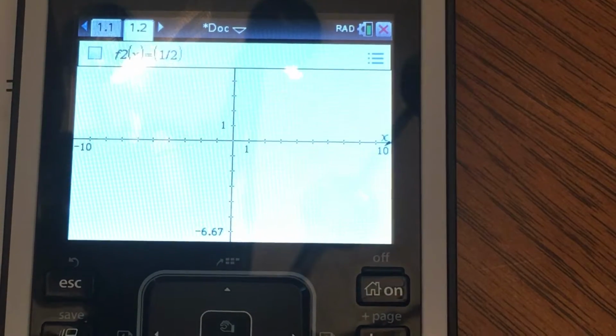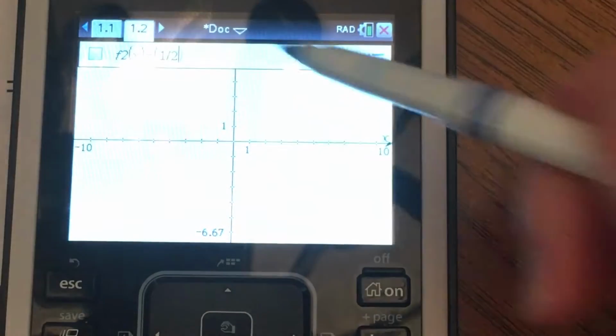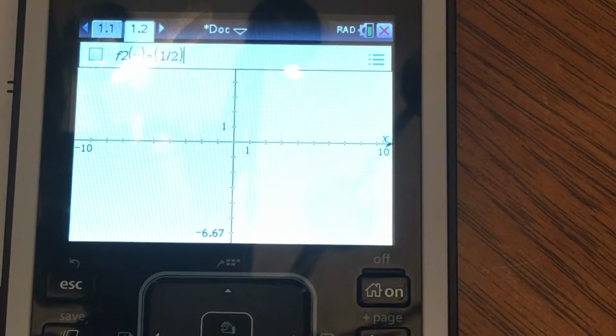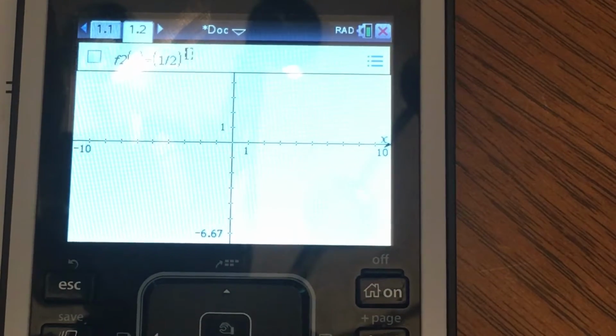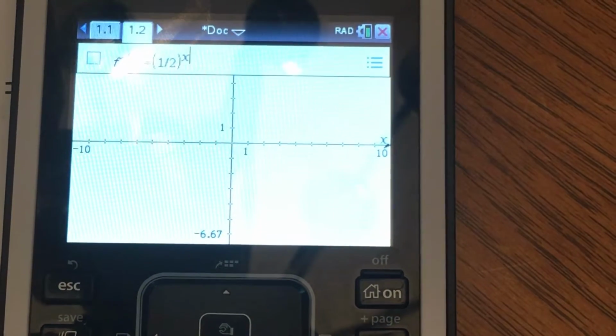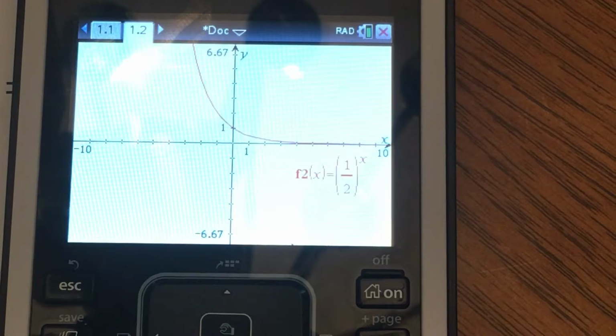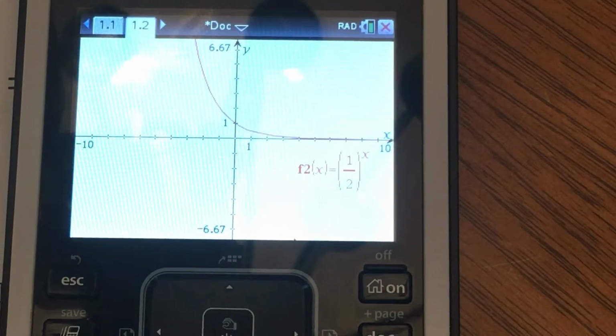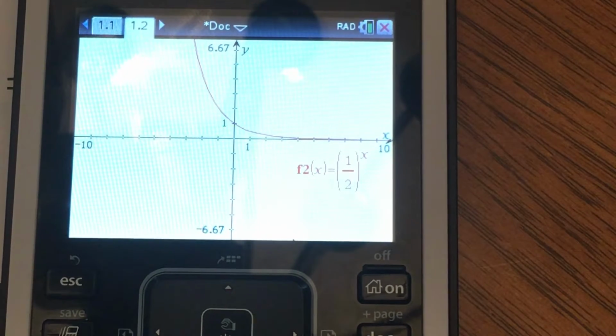So you could either use Control Divide to get that 1/2, or you can just say 1 divided by 2. That slash is a divide. Caret x. Check that out. It's going the other direction. That's kind of crazy.